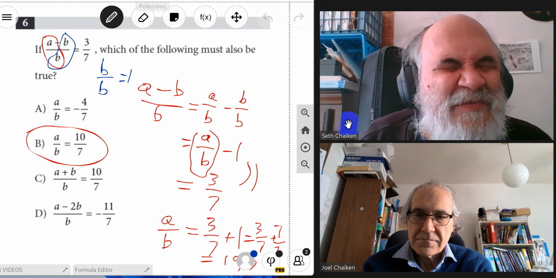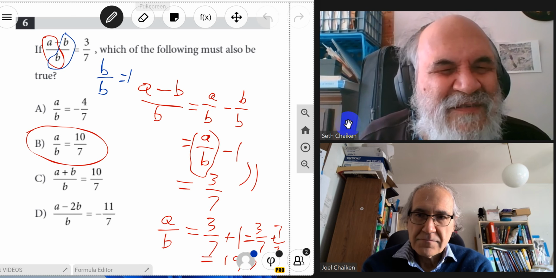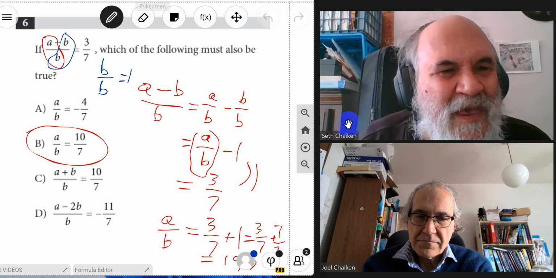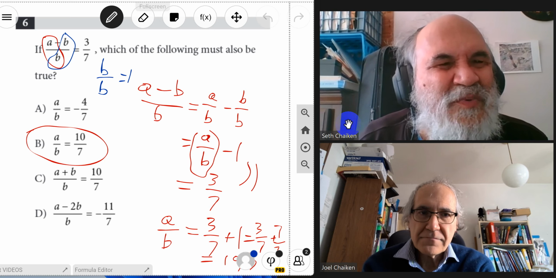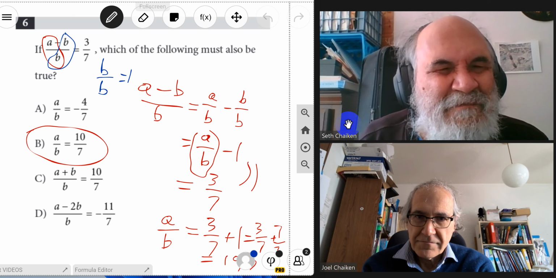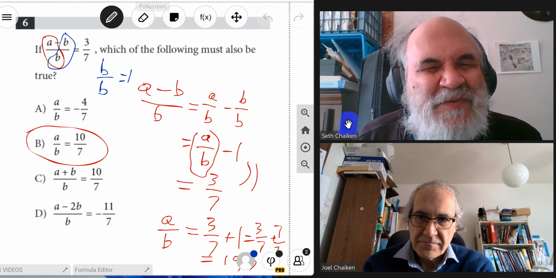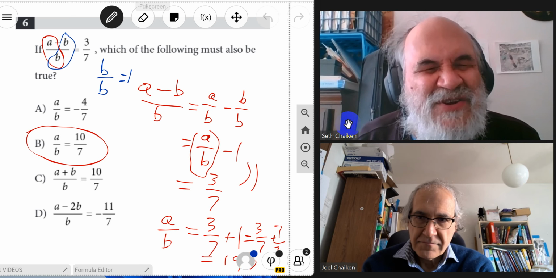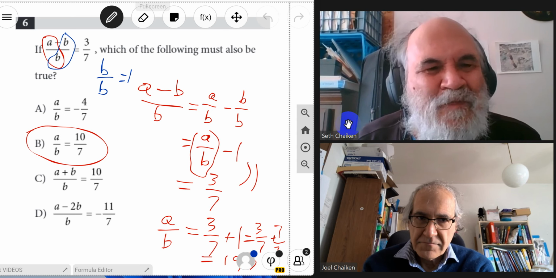So you could just solve for A over B, and that tells you complete information. From a mathematician's point of view, the relationship between A and B is homogeneous, and that means the only relationship between A and B specified by this equation is their ratio.